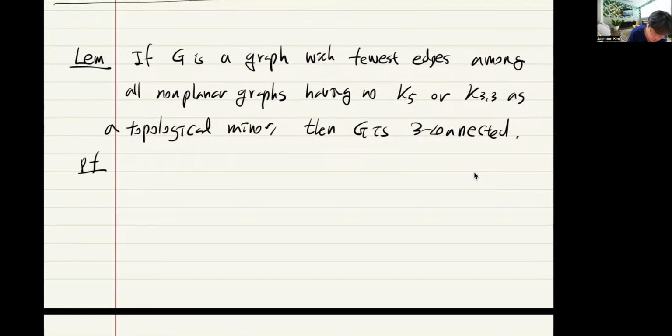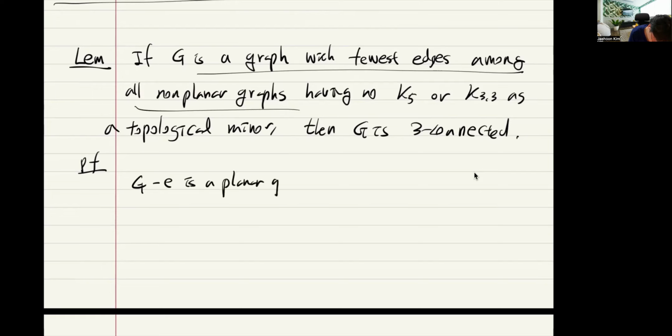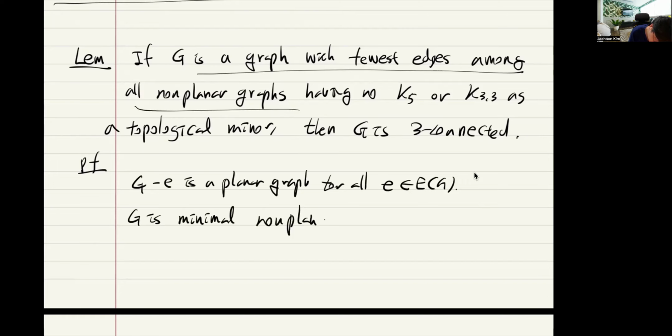Then by the minimality, G minus e is a planar graph for all e. That means G is minimal non-planar. So the previous lemma said that G is two-connected.